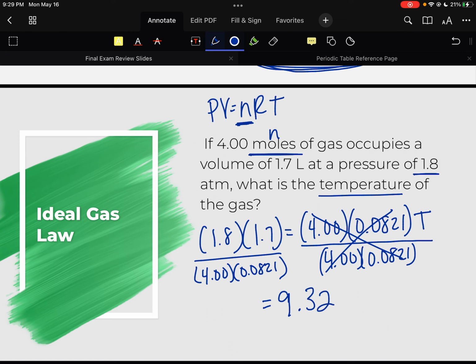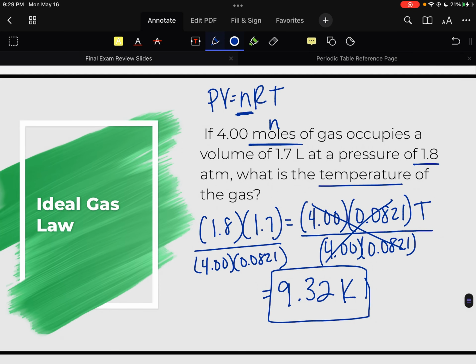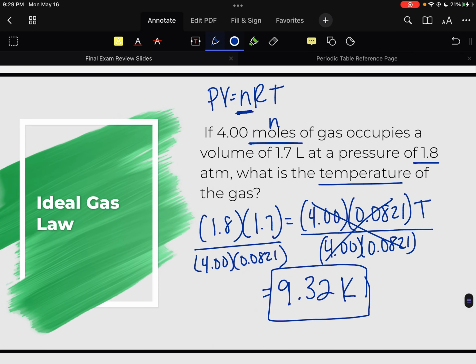I get 9.32, and then remember, temperature is always in Kelvin. And that is the last calculation.